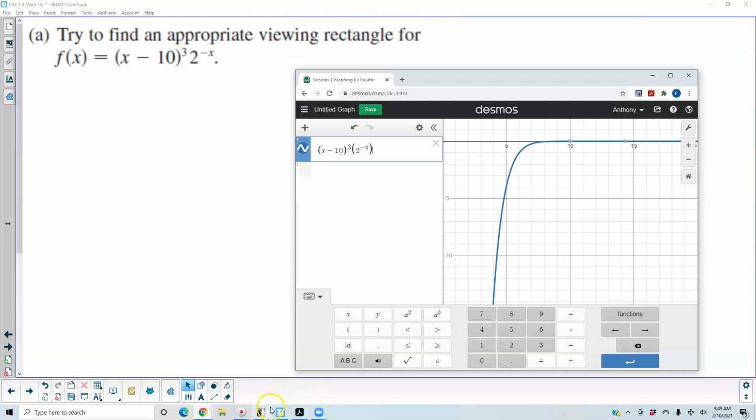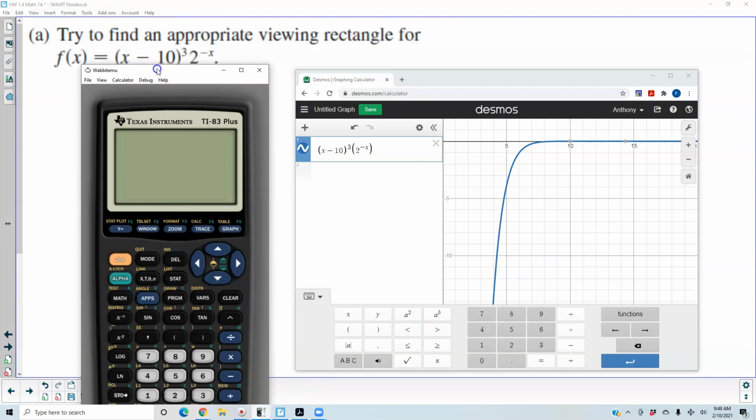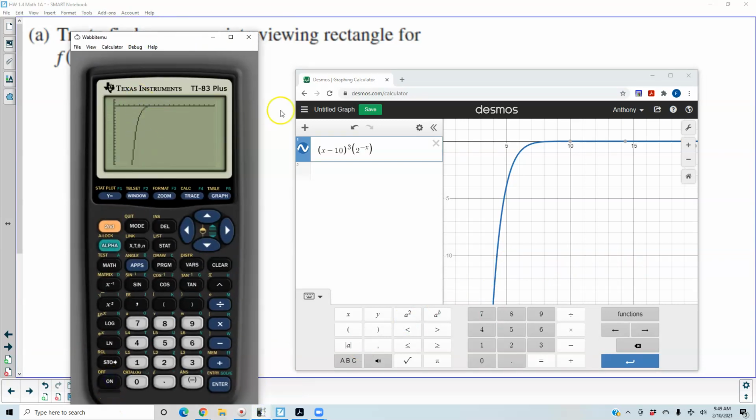And therefore, there's our picture. So we can see the picture of our first viewing rectangle of this function.